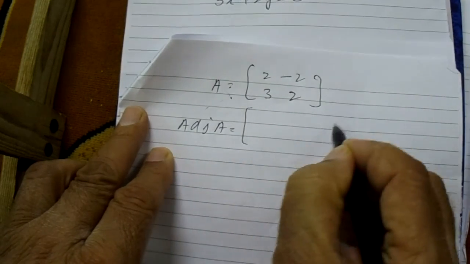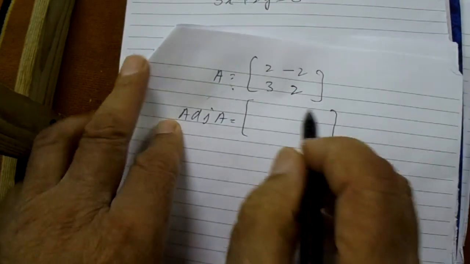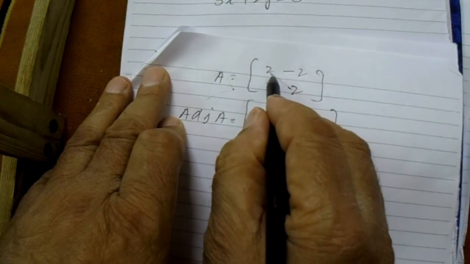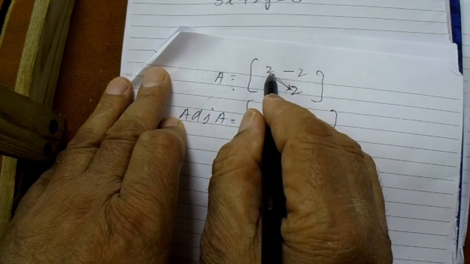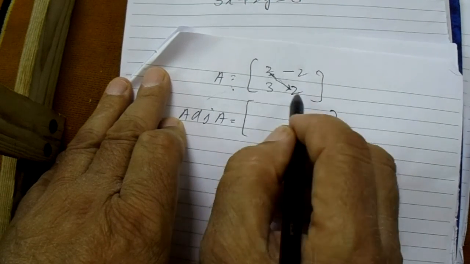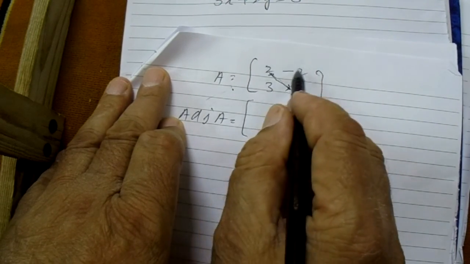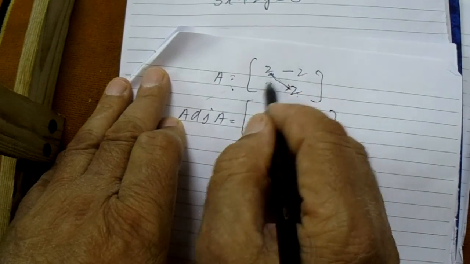Now for adjoint A, we interchange the diagonal elements, and for the other diagonal we change the signs of the elements.